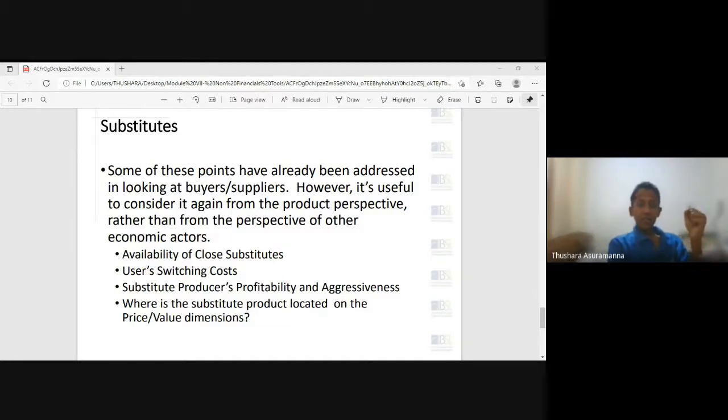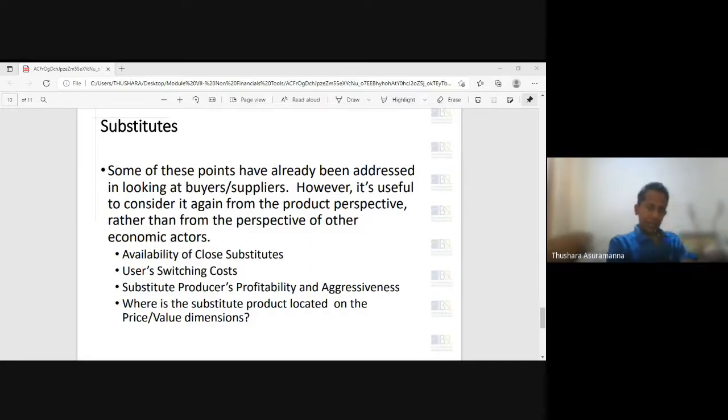Where the substitute product is located on the price and value dimensions are key factors to take note of. You do so many things and there may be products and services out there which can be a substitute to your product or service.